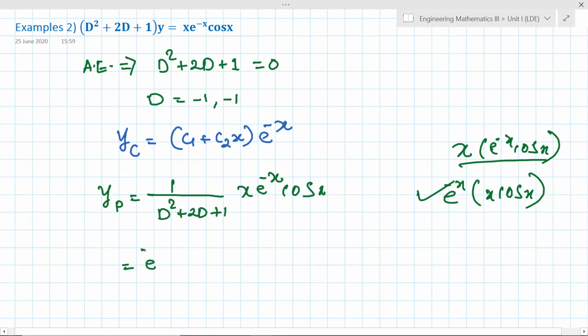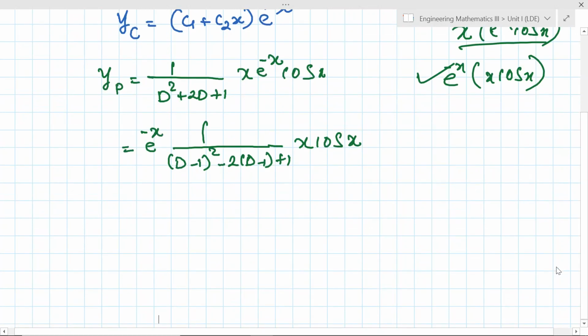Okay, so with e raised to minus x outside, I am replacing d by d minus 1: bracket d minus 1 square plus 2 into d minus 1 plus 1, into x into cos x. If you have got this step, we are replacing d by d minus 1.